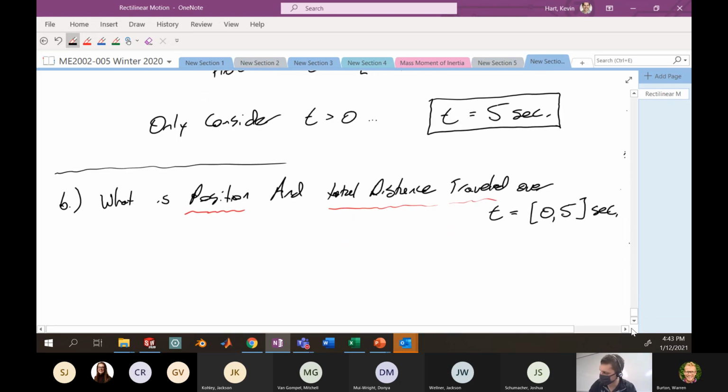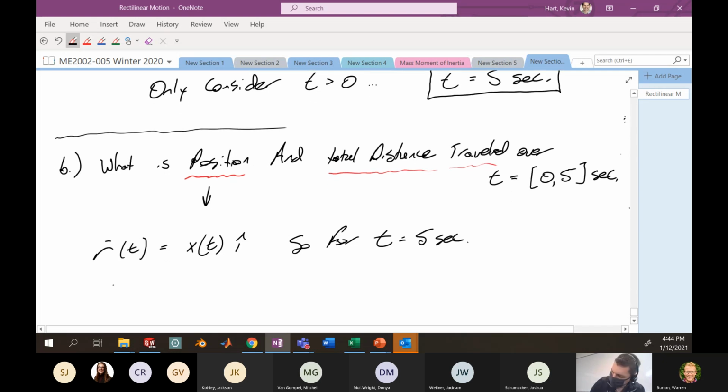All right. So the position, that's easy. The position at any time t is this expression. So for t equals 5 seconds, my position vector is just this expression x of t plugged in for t.